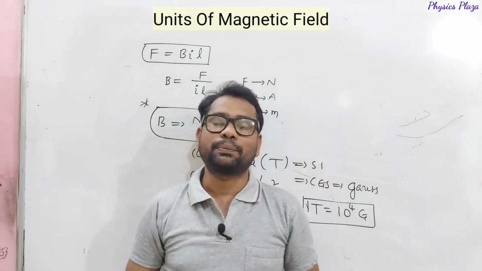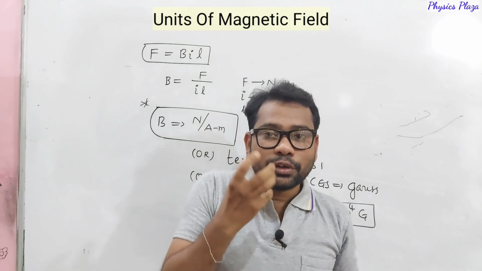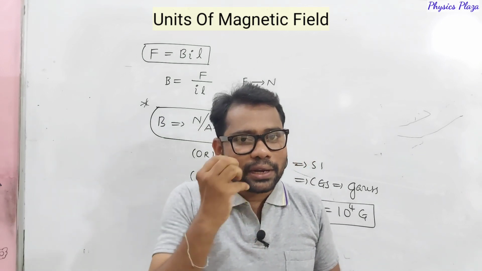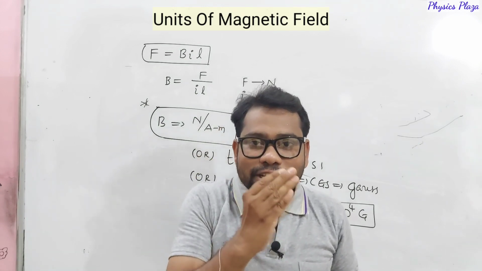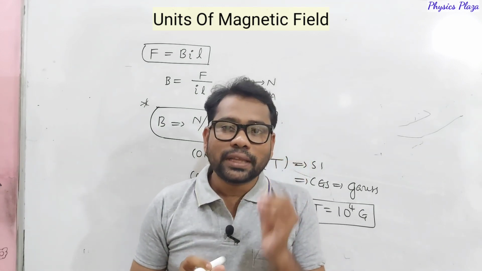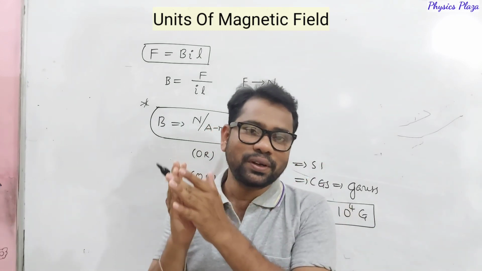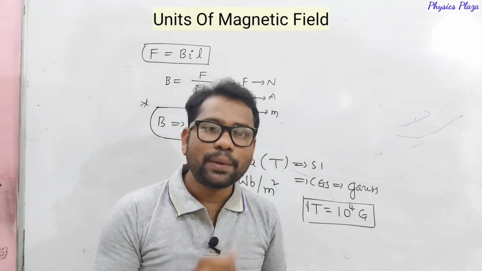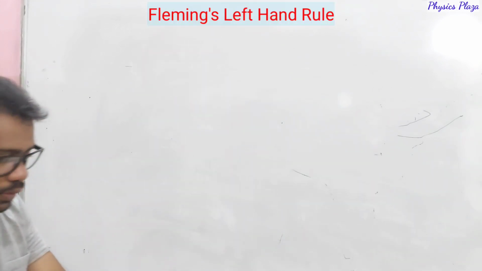Children, it's very important. I repeat once again: we know that when a current carrying conductor is placed in a magnetic field, it experiences force, but how do we find its direction? Children, the answer is given by Fleming's left hand rule. Now let us discuss what Fleming's left hand rule is, children. Left hand rule.